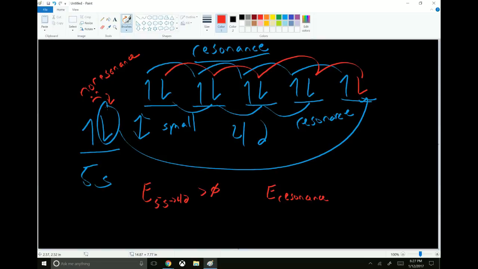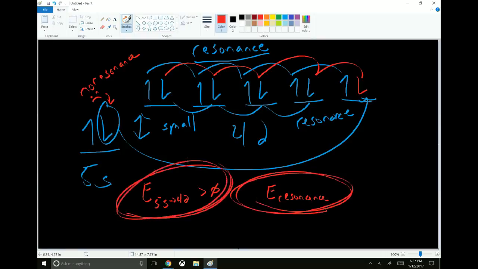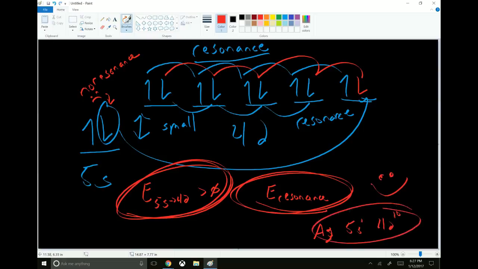Okay, so for silver, the question is, does resonance make up for having to bump it up a sublevel? And the answer is yes. So silver is actually 5s1, 4d10. Okay. The resonance makes silver happier like that.